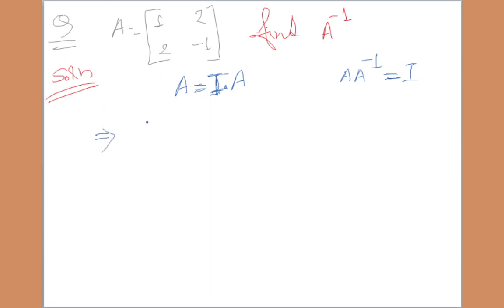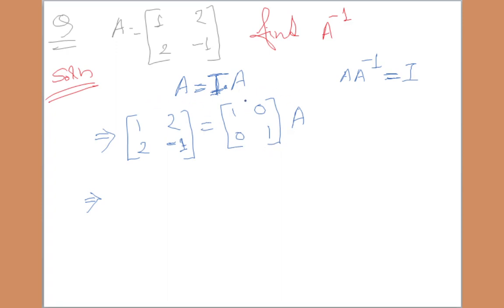So what is A? 1, 2, 2, minus 1. I is 1, 0, 0, 1, and this is A. So what is the procedure? We have to apply elementary row transformation or column transformation on the left hand side, and the similar operation we have to apply on the identity matrix.